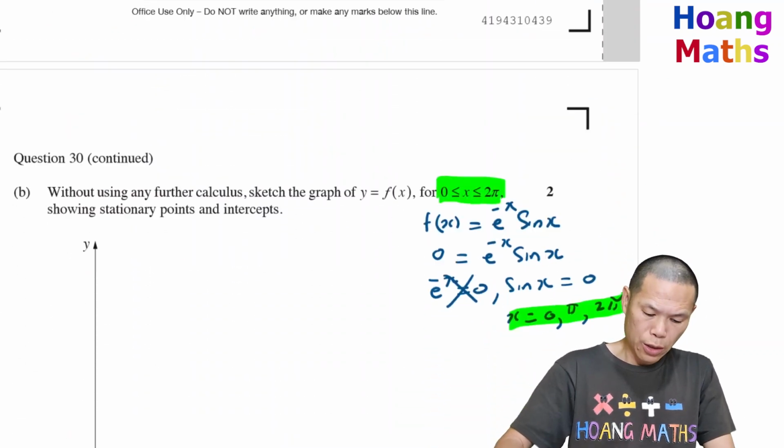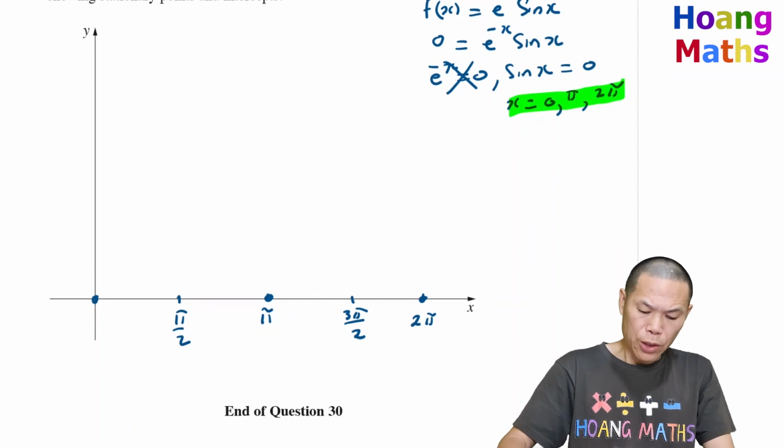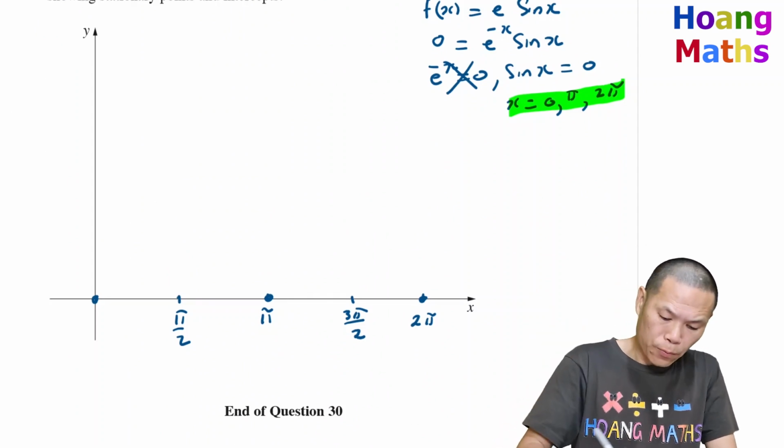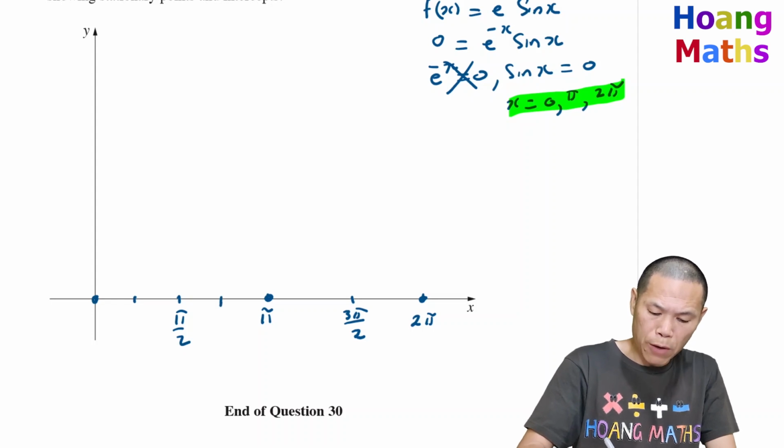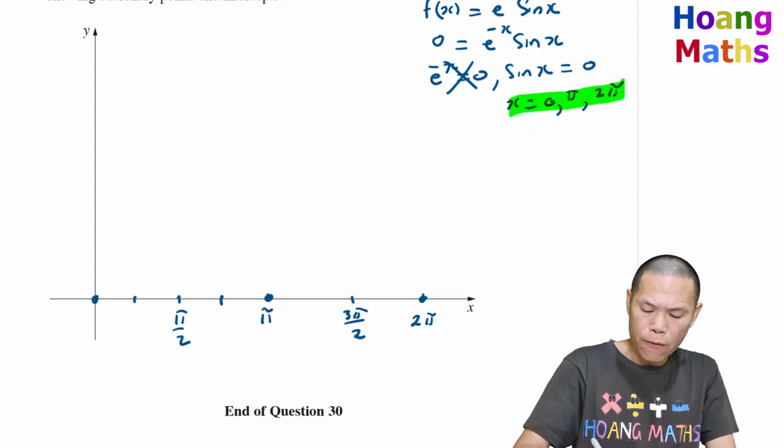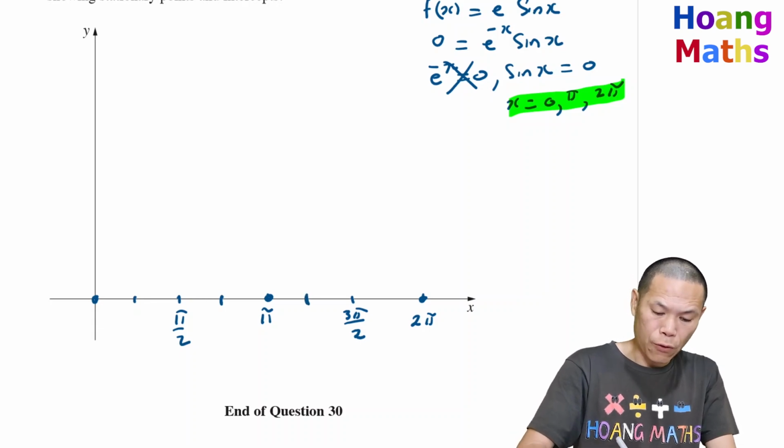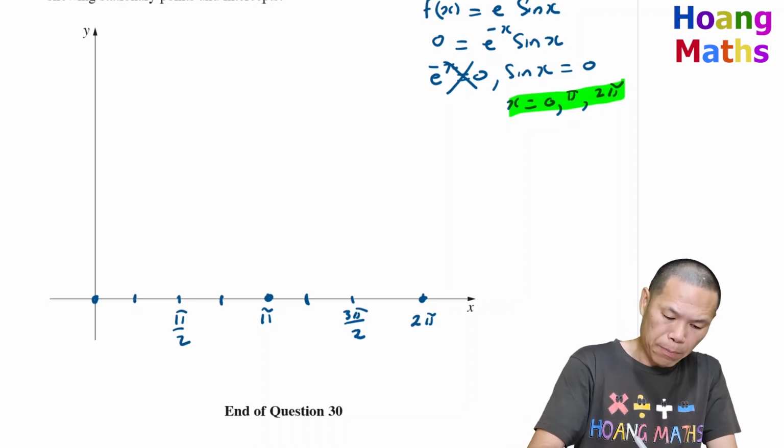Let me write it down here. So pi over 4, this is 1 over 4, that is pi over 4, 2 pi over 4, 3 pi over 4, 4 pi over 4, 5 pi over 4. So this is 5 pi over 4. And pi over 4 is up here somewhere.